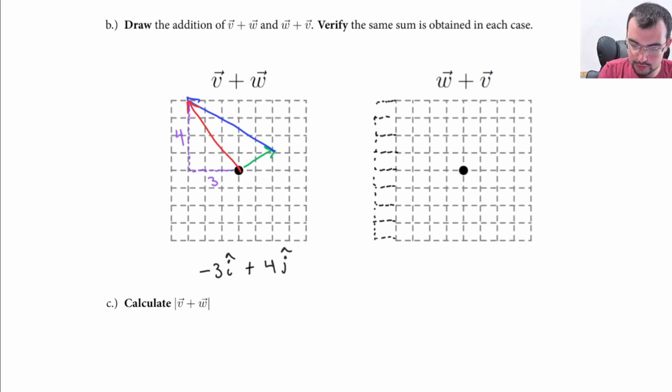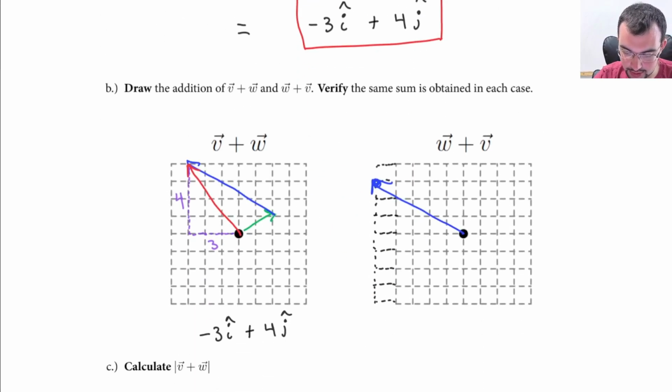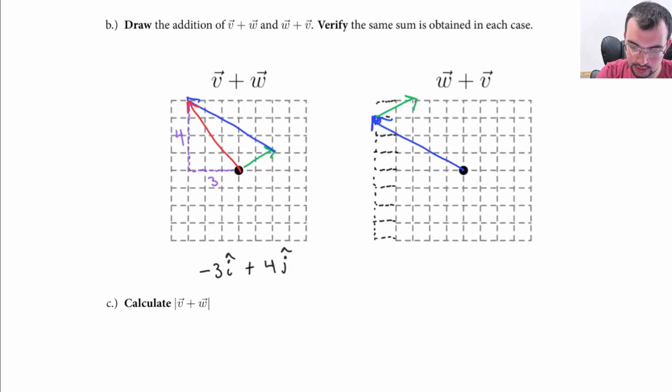If I do w first, that would be 1, 2, 3, 4, 5, then 1, 2, 3. So this is w. Then I can do v, which from that position, says I go 2 right, 1 up. Wow, look at that. We're exactly where we thought we'd be.